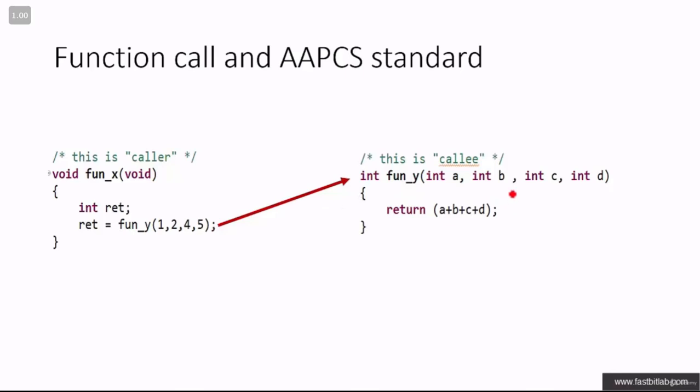In this function, you want to modify R0 or R1 or R2. The caller has some important data in R0, R1, and R2, let's say. In function y, you are modifying that. And the caller needs those values after this function call to do some other job. But function y modifies them.